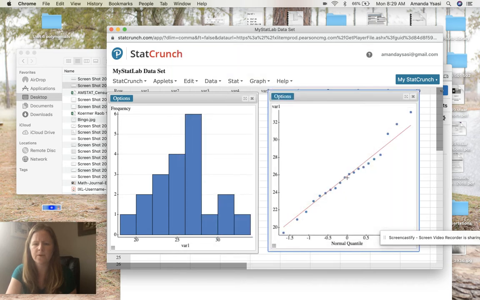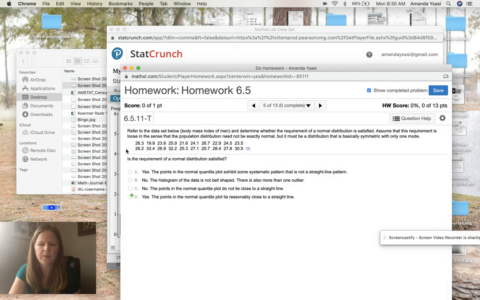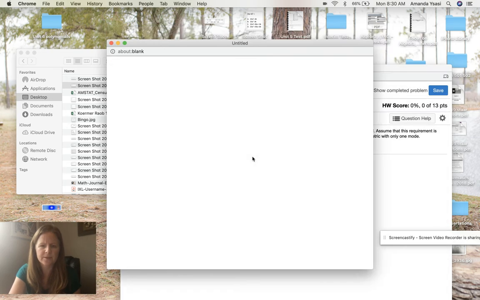Okay, what do you think? Is it normal? It kind of does look normal. It's pretty straight. So let's look at our answer here. Oh, it gives us a different one whenever I do that. I don't know why. Body mass index of men. Okay, let's make sure that's the same one.